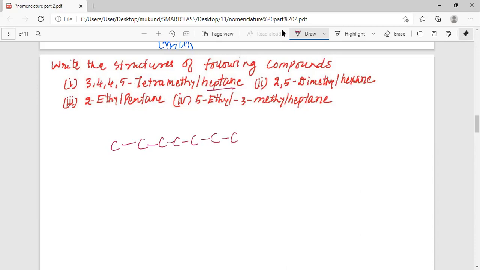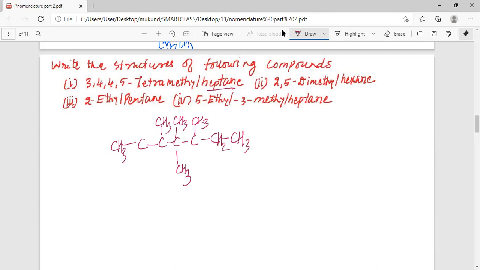Then on third, fourth, 2 on fourth, and on fifth we have methyl groups. So let's put CH3, CH3, CH3, CH3 here. And then we have CH3, again CH3.